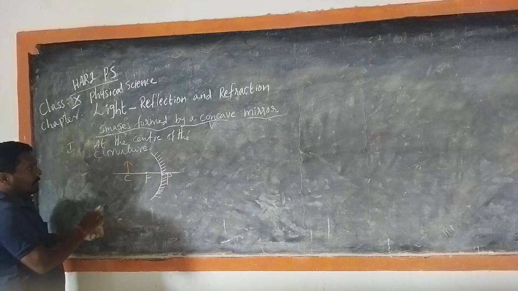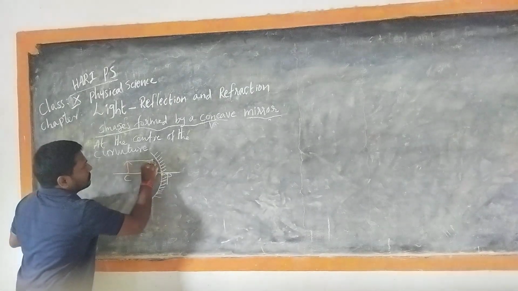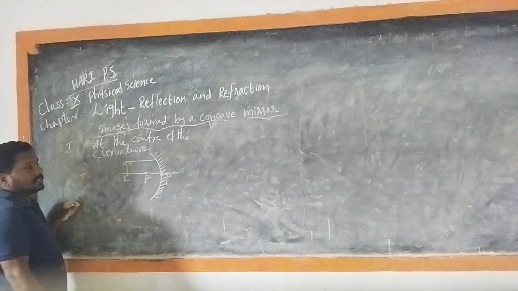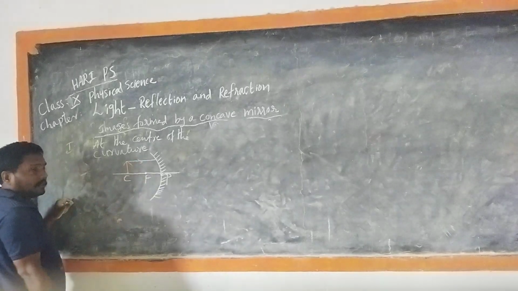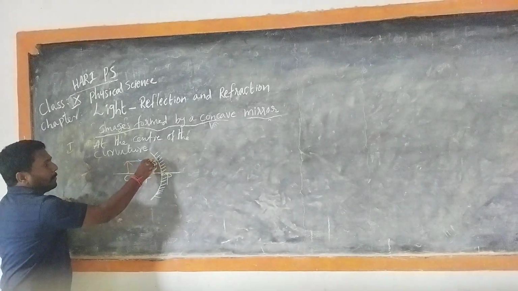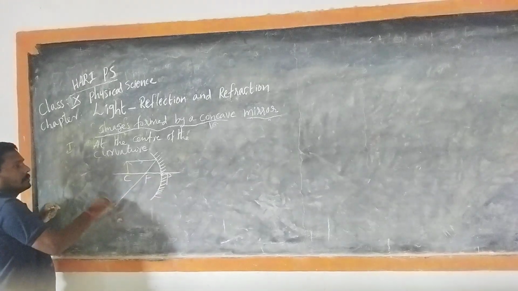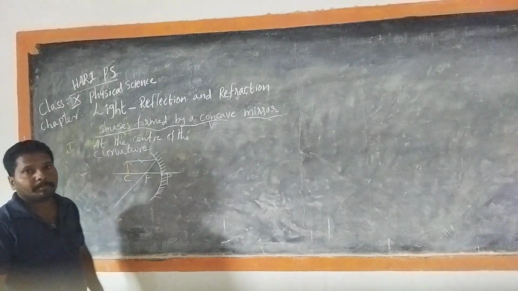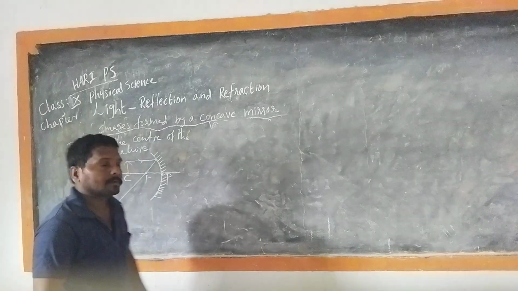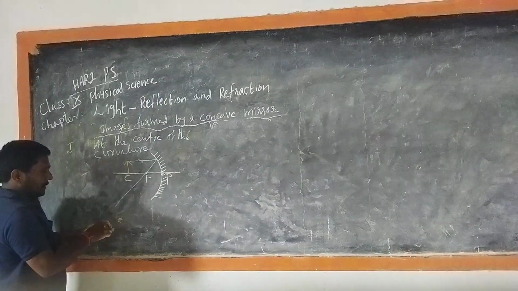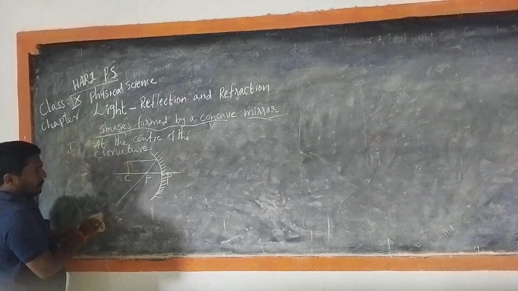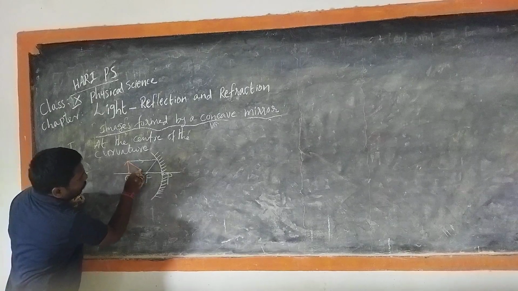The incident ray is reflected here. Then it passes through the focus. That is one light ray. Then take one more light ray which is passing through the focus.